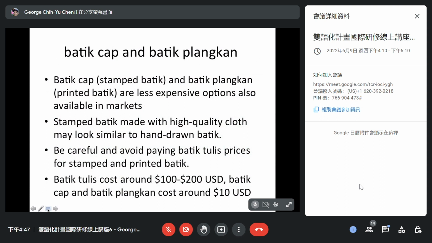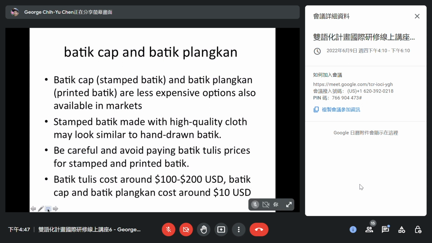So I hope this overview can help you see the difference between batik cap, batik plankan, and batik tulis. And the stamp batik made with high quality cloth may look similar to hand-drawn batik. Hand-drawn batik means batik tulis. So when you are in a market, be careful and avoid paying batik tulis prices for stamped and printed batik.